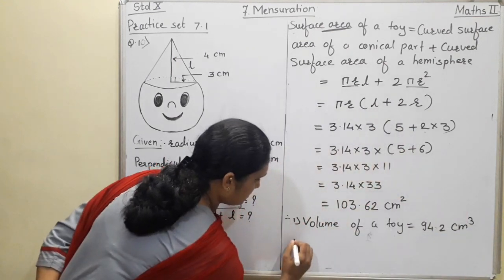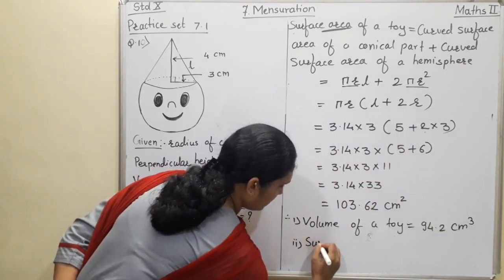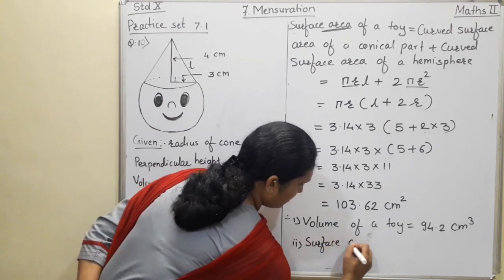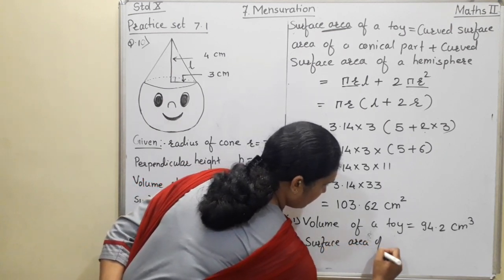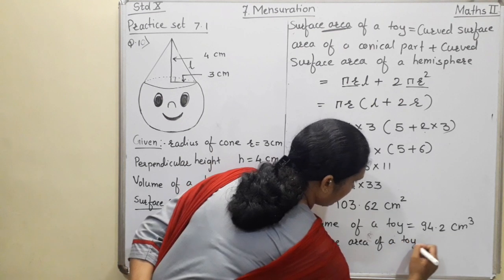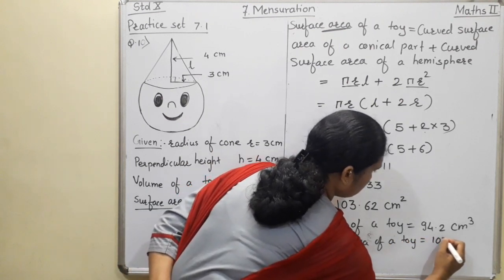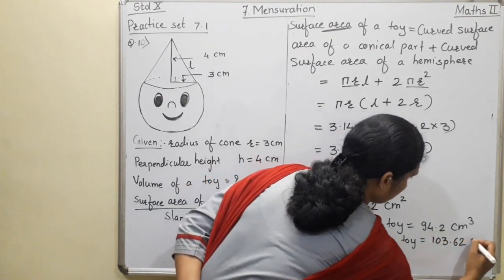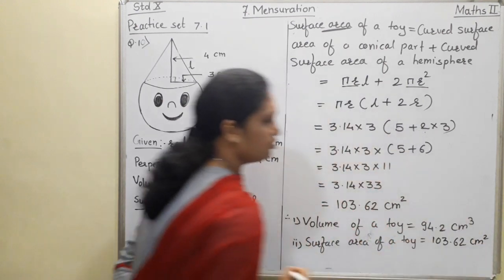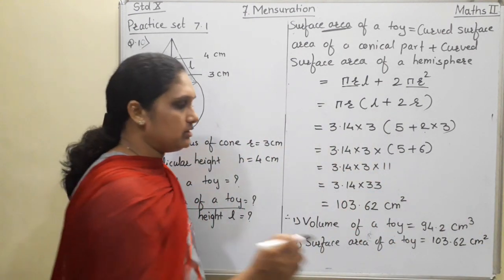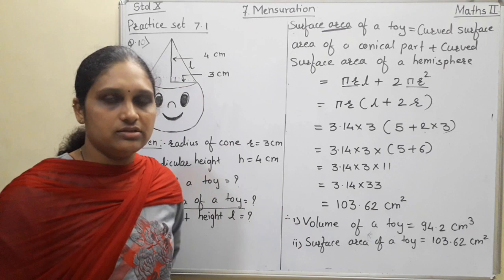And the second answer we got: surface area of a toy, we got the answer 103.62 centimeter square. So see students, always write the final answer.